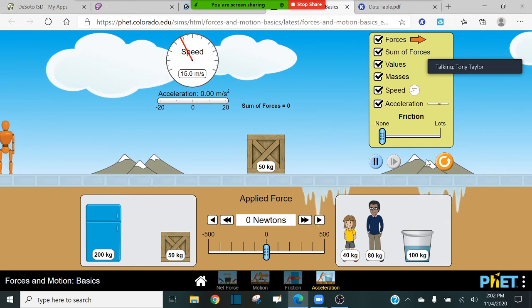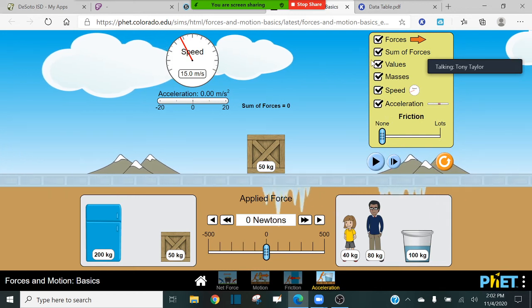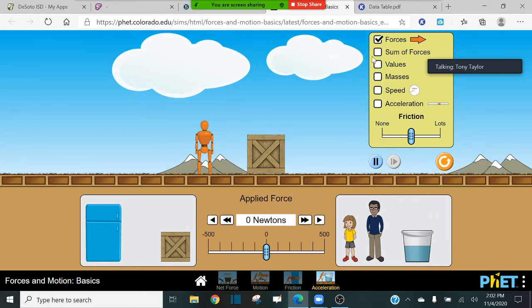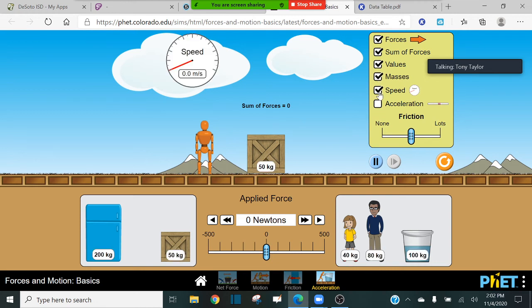Now, guys, remember what I said. We're holding force constant, so we're going to change our mass. So remember, I click that button to reset. Now instead of 50 kilograms, what if I change my mass to 100 kilograms? Right, because 50 plus 50 is 100 kilograms.